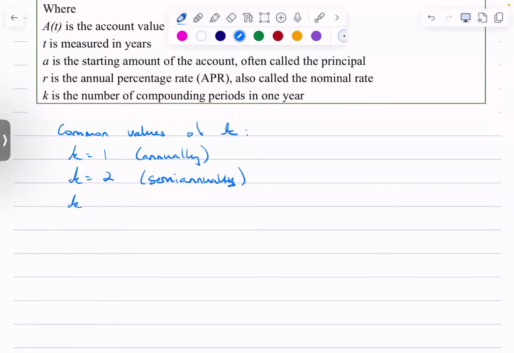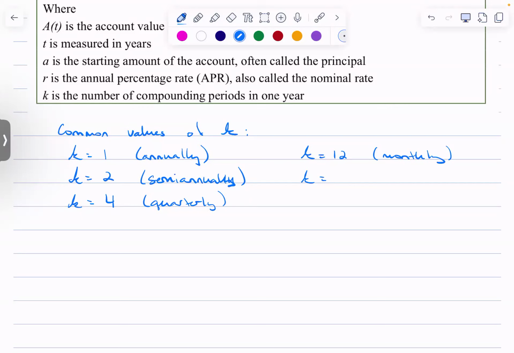Another common one is if K is 4, then we're compounding quarterly. If K is 12 times per year, then we're compounding monthly. That can happen at the end of each month. I feel like a credit card would maybe compound monthly. They might compound daily.